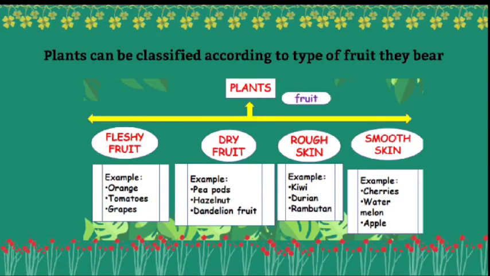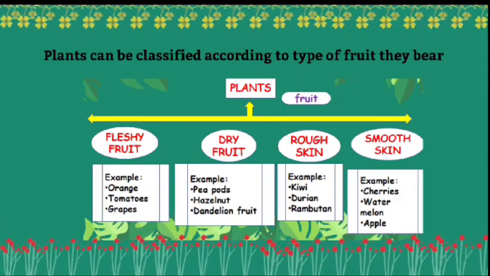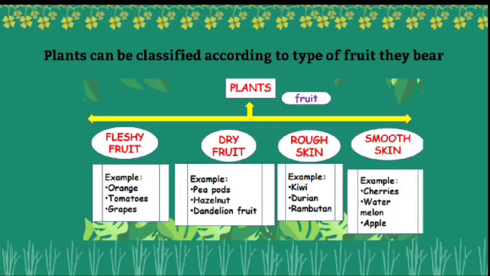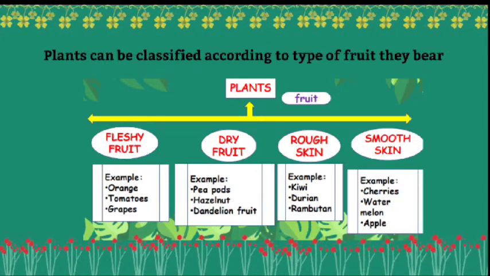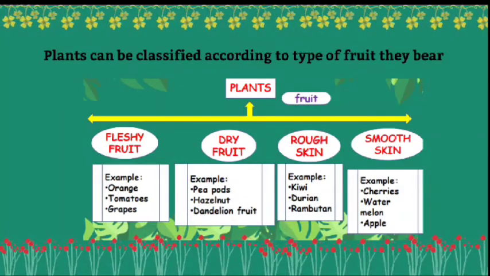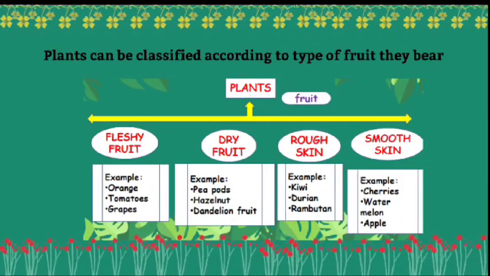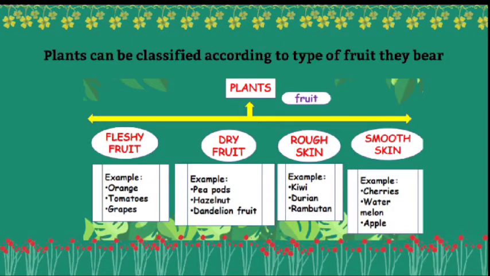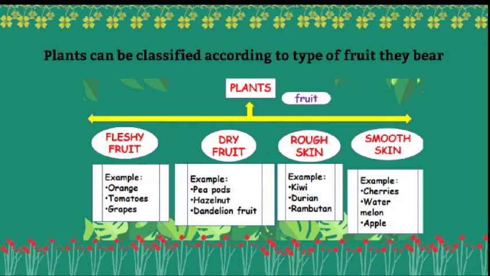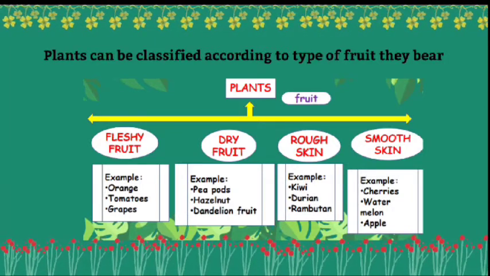Rough skin fruits, for example, kiwi, durian, and rambutan. Smooth skin fruits, for example, cherries, watermelon, and apple.